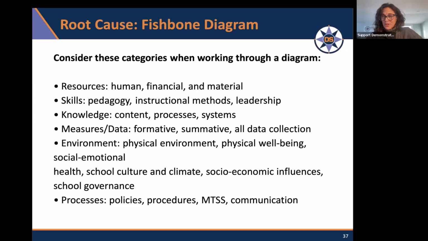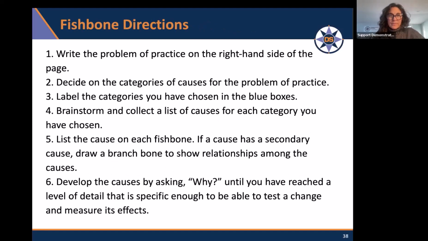Because sometimes it's your school policies that may be getting in the way. So those are some different categories to consider when you're thinking about the fishbone.